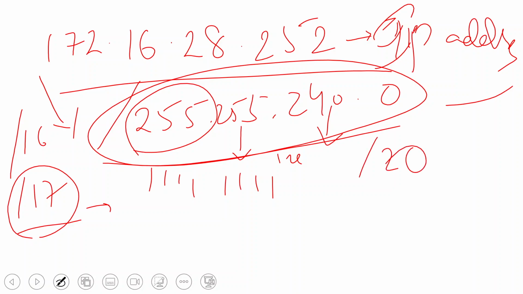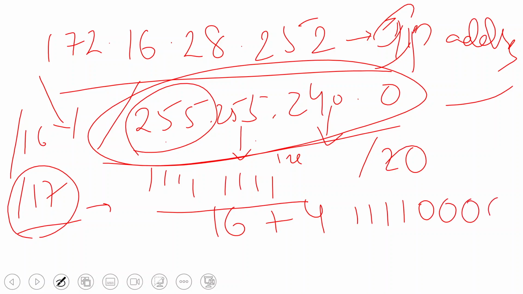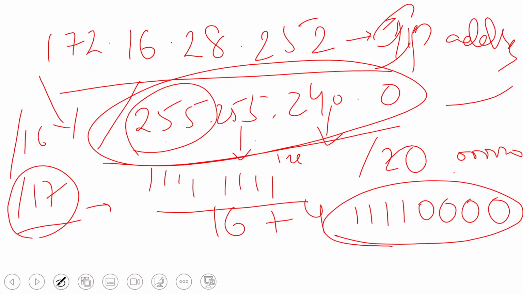Okay, if you calculate, you get it. So it's a /20. /20 means 8 plus 8 is 16, and plus 4 here. So /20 means the rest are all zeros. This is the main thing you have to observe.